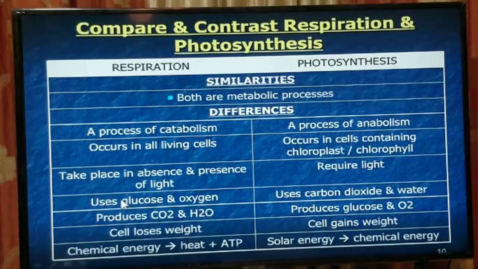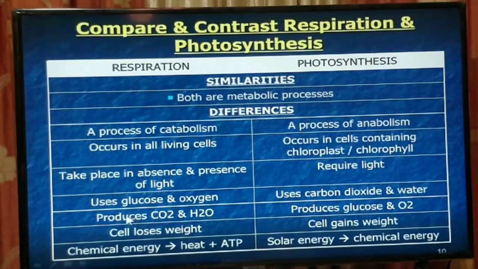Just see, one is using glucose and oxygen, and the other one, that is photosynthesis, is producing glucose and oxygen. Photosynthesis is using carbon dioxide and water, but respiration is producing carbon dioxide and water. In respiration, cell loses weight, but in photosynthesis, cell gains weight.